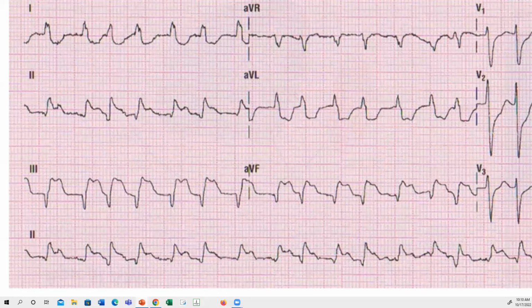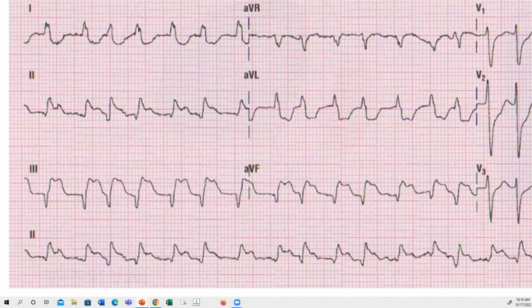Atrial fib is manifested in the electrocardiogram by 1, an irregular rhythm, the most irregular rhythm there is in electrocardiography. So therefore, this fits the diagnosis of atrial fib. The second being non-identifiable P waves.